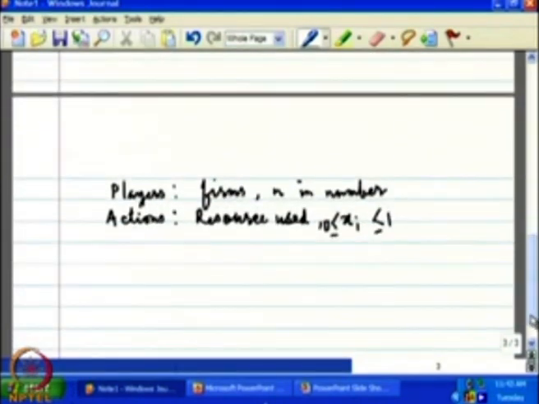And finally, the payoff or preferences are represented by the output level which they want to maximize, which is given by qi.